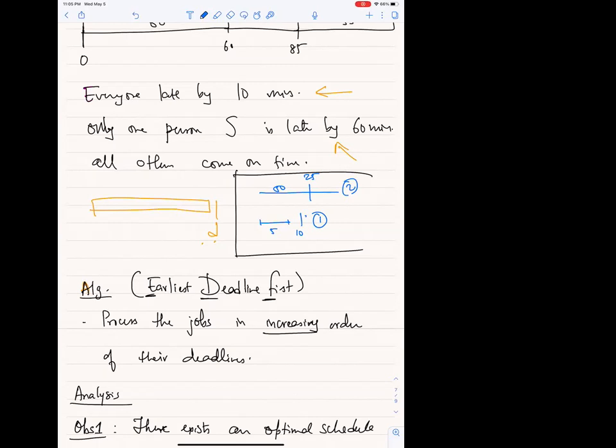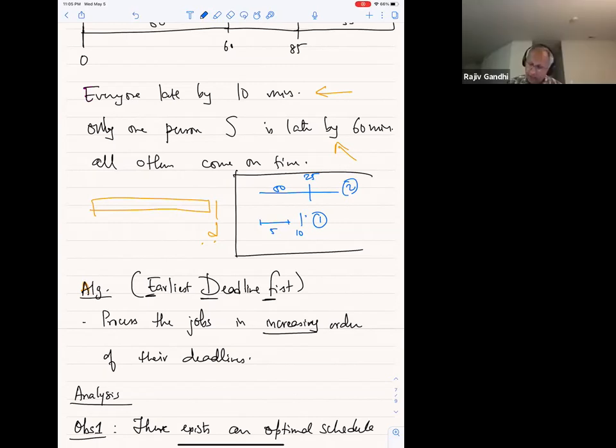Because if you process 5 and then you process 50, the completion time here becomes 55. 55 minus 25 is 30. That's the maximum lateness.